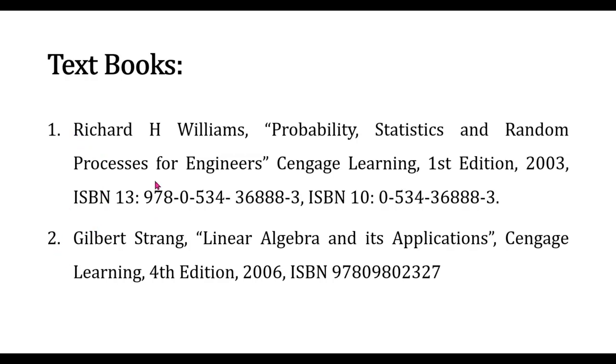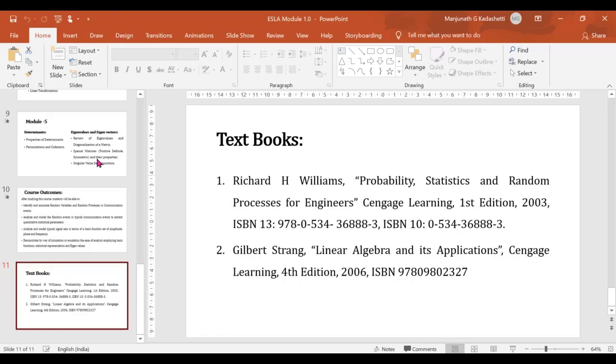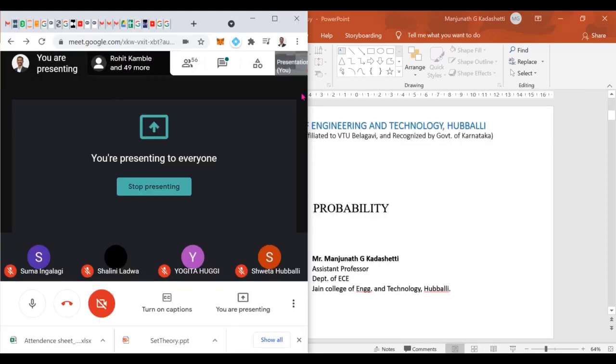And I will provide notes, not an issue here. No need to refer to these two books. If you want more knowledge, then I suggest you refer to these books, but I will provide proper notes along with the video links. All right. Okay, so this is the overview of the subject.